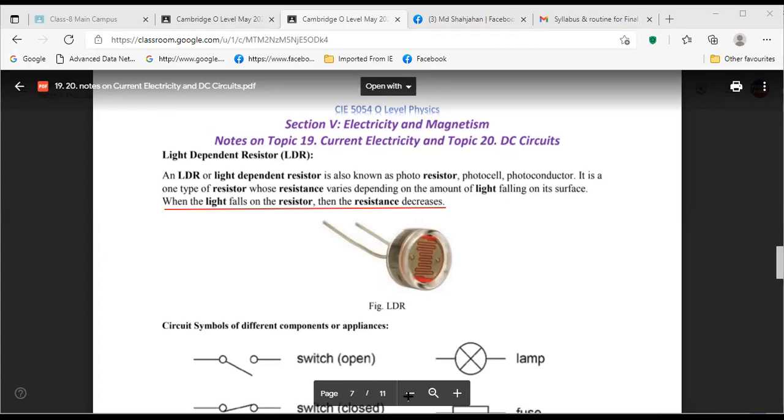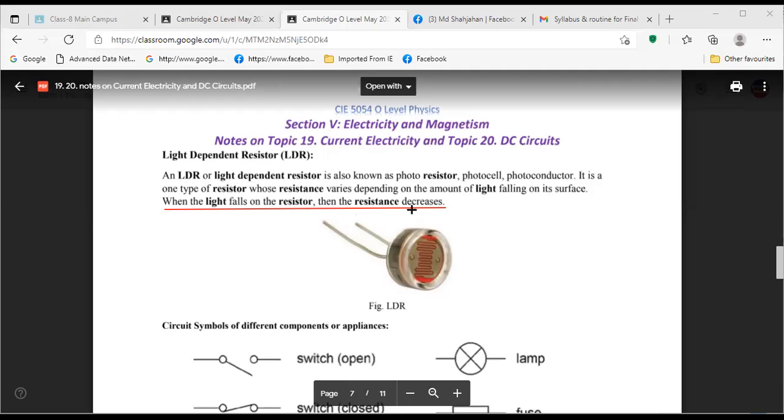Light dependent resistors are used in street lamps and in intruder alarms. We will get the applications later, I'm just informing you now. And you write only this: light dependent resistor, when the light falls on it, the resistance decreases.